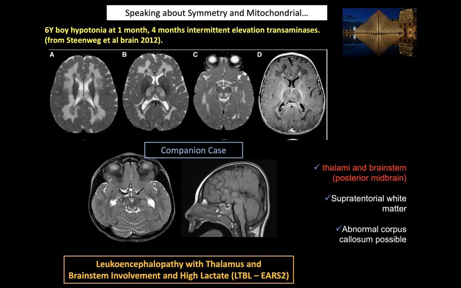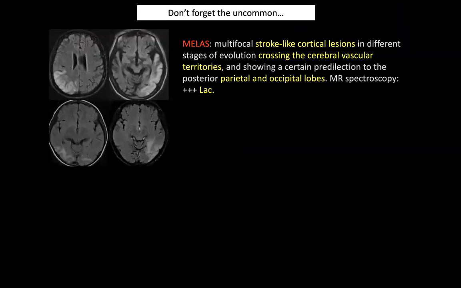Another mitochondrial disorder that can have malformation of the corpus callosum is, for instance, PDH mutation. So remember that neurogenetic disorders can present also with malformation in the brain, and I will show you some examples later on. Before going to the following part of this lecture, which is neonatal, don't forget the uncommon.